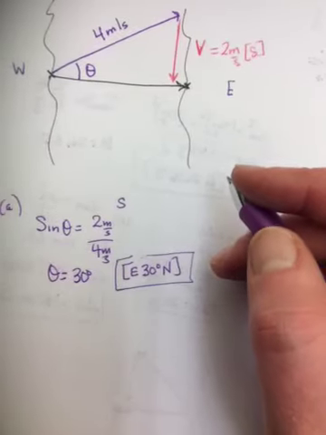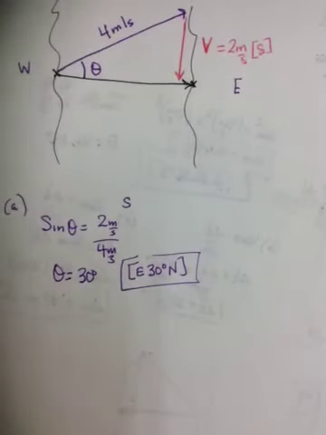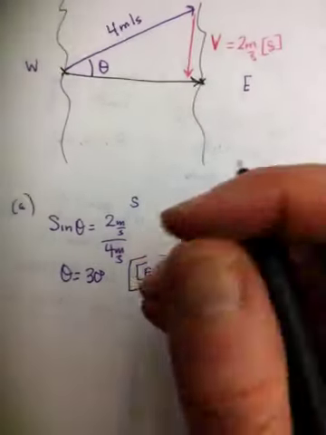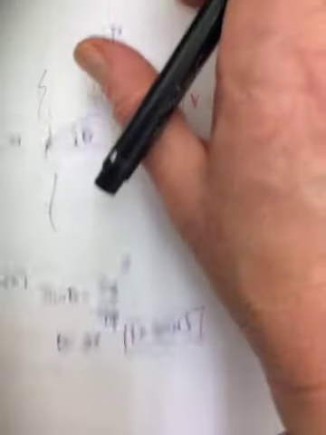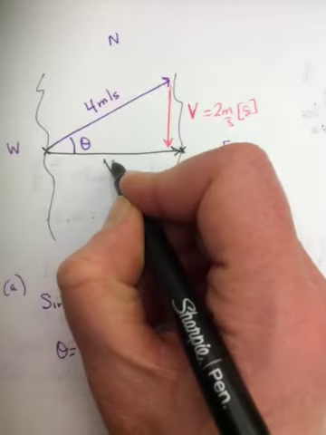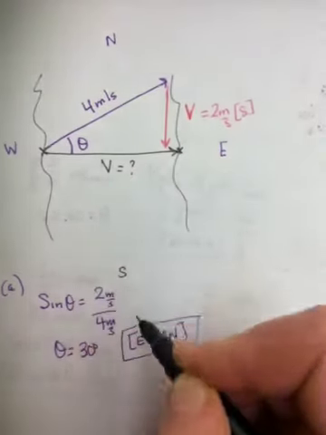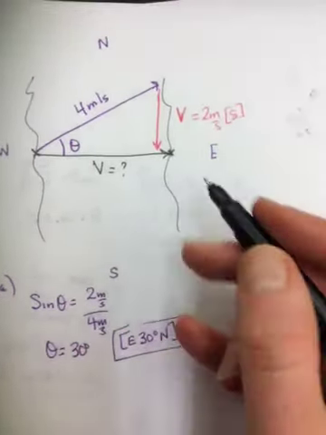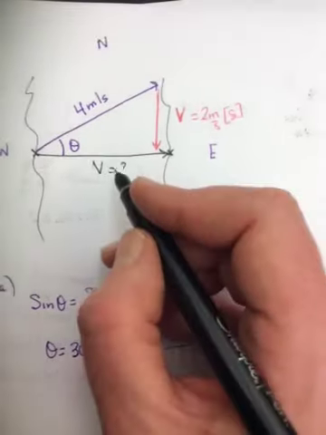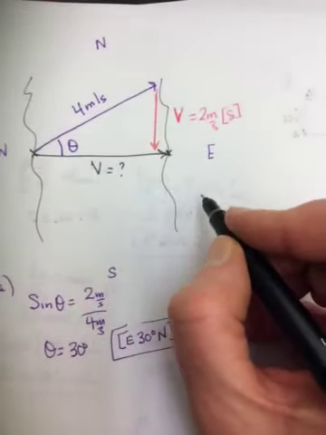Part B says, what will be the magnitude of the canoe's velocity with respect to the shore? Well, this is the one now that it's doing with respect to the shore. So it wants to know, what will this be? Well, it's Pythagorean theorem again, except this time you're finding one of the sides.